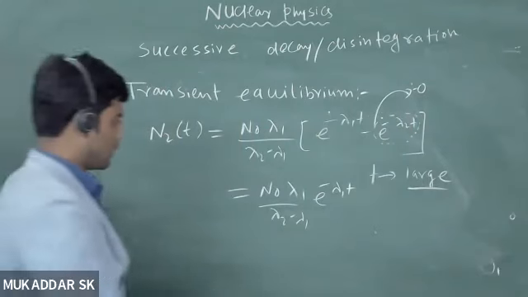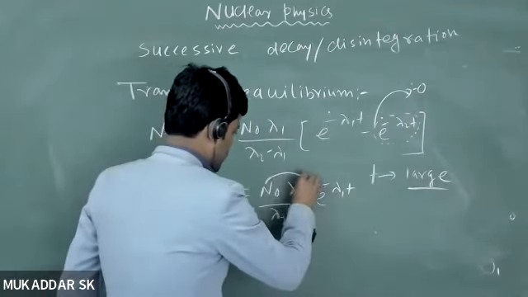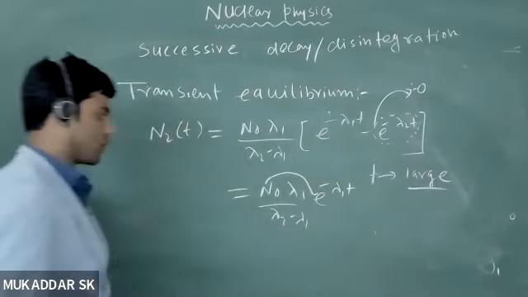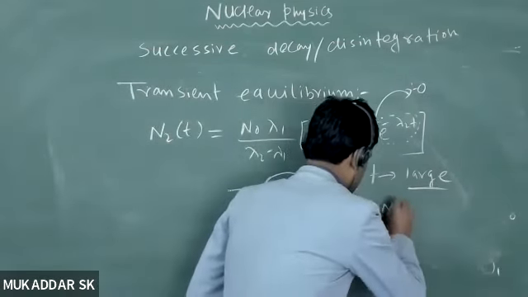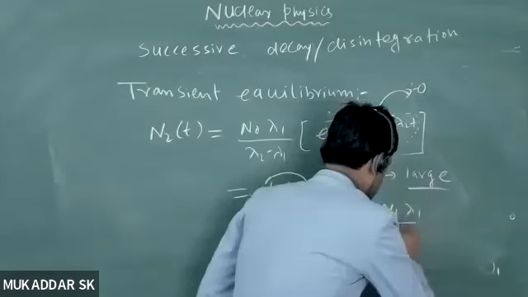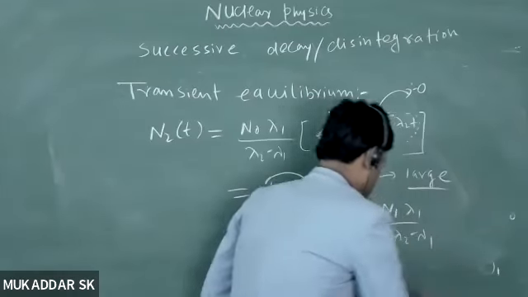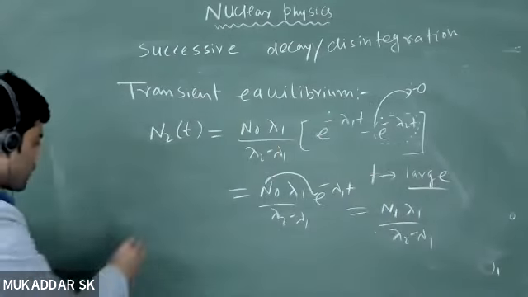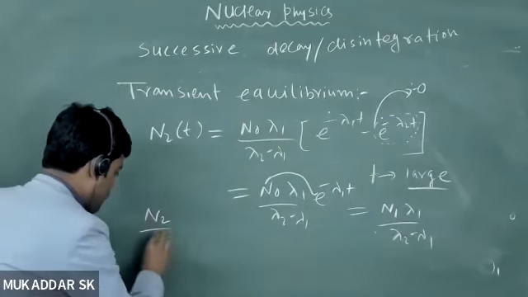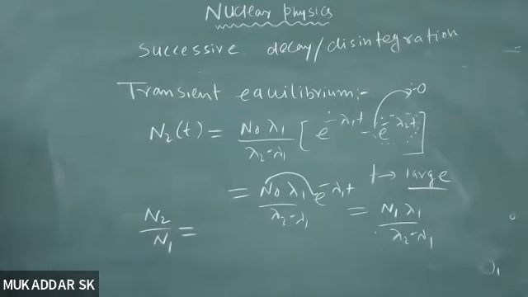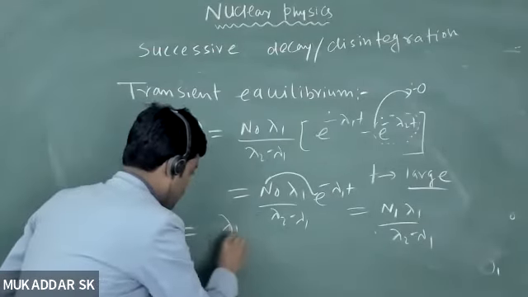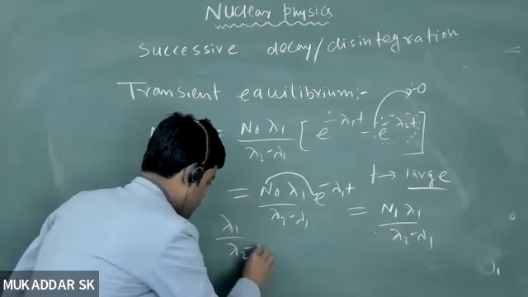And if you see that N naught with e to the power minus lambda 1 t, that will actually provide you N1. So you basically get N1 lambda 1 divided by lambda 2 minus lambda 1. It means N2 by N1, that number ratio of B nuclei to that of A nuclei, will be lambda 1 by lambda 2 minus lambda 1.